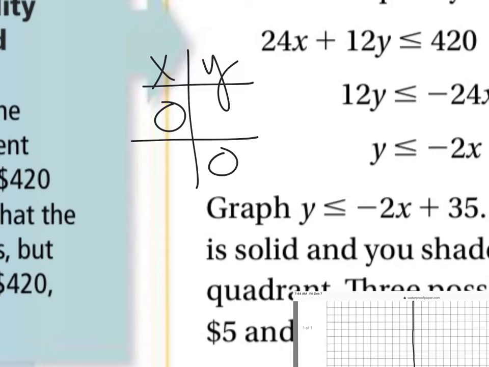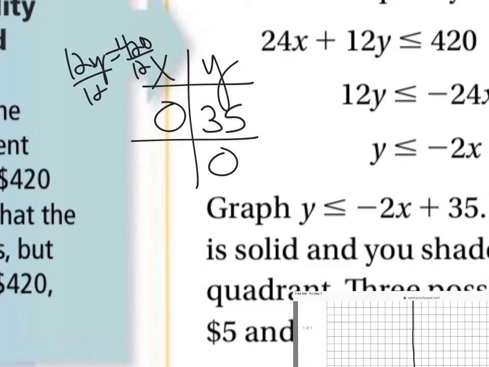In standard form, it's going to be easier for you just to find intercepts. Put a 0 for x, see what you get. Put a 0 for y, see what you get. So if you put a 0 in for x here, 24 times 0 falls out, so we're left with 12y equals 420. Then if you divide by 12, you will get 35.